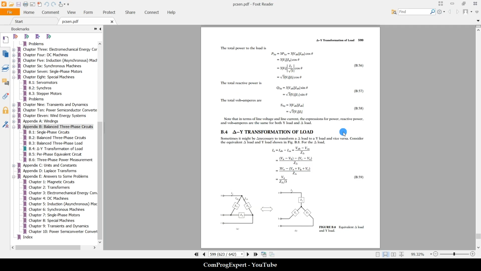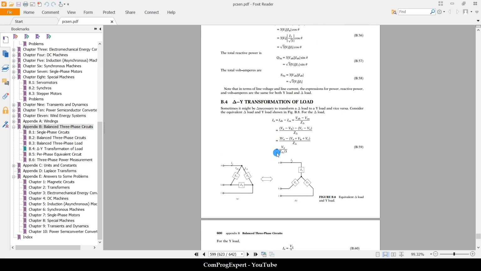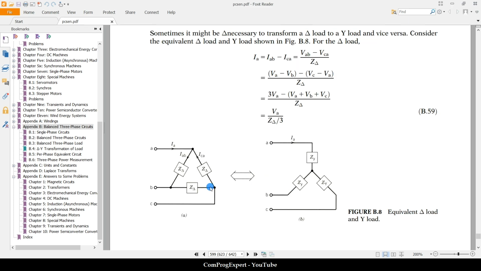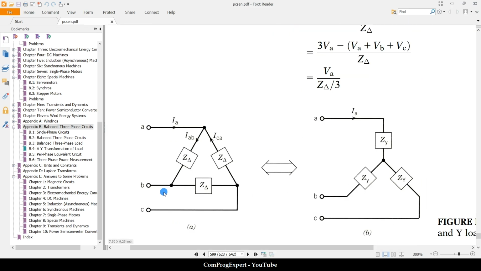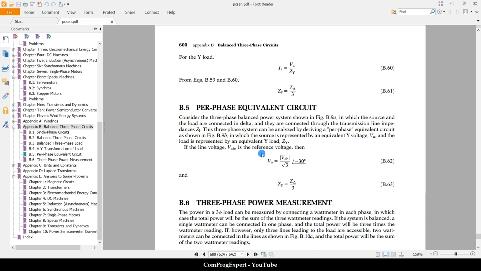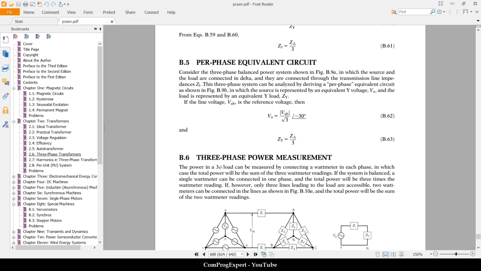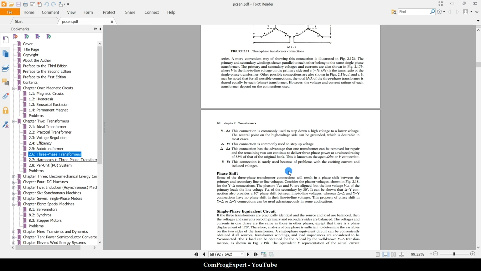Yes, the power in a three-phase system: active power, reactive power, load transformations. You remember these equations, right? How we can transform a delta connection, a balanced load, to the equivalent star connection. Okay? And so on. So let's come back to our topic here.